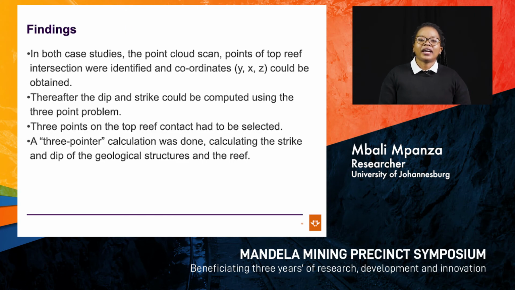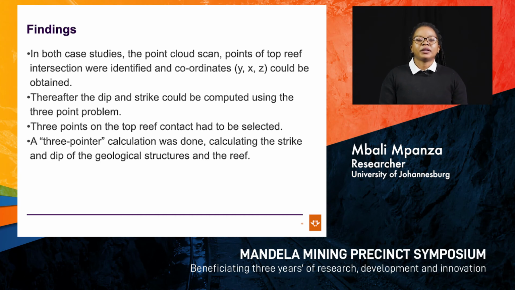So what were the key findings from these tests? In both case studies, you could pick up the top reef contact, or the reef intersections, identified by the point cloud, where you can pick up your X, Y, and Z and map out your top reef contact nicely.